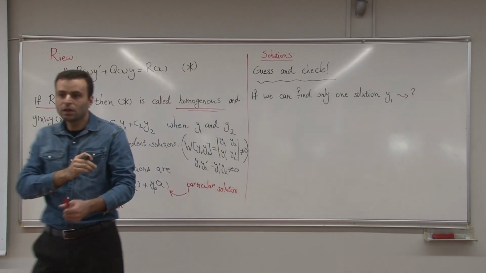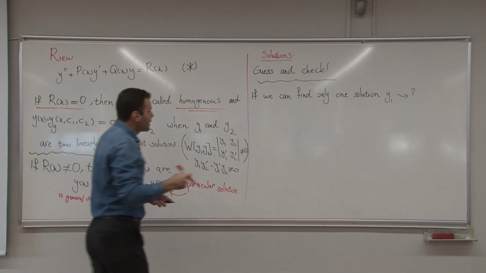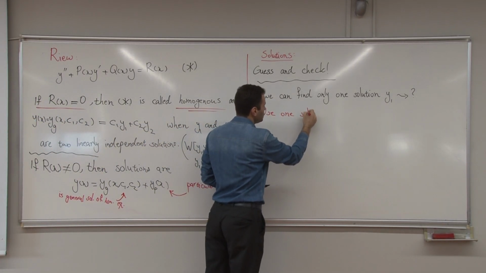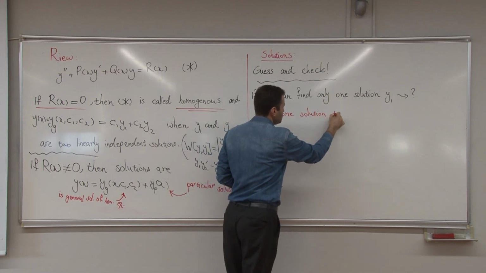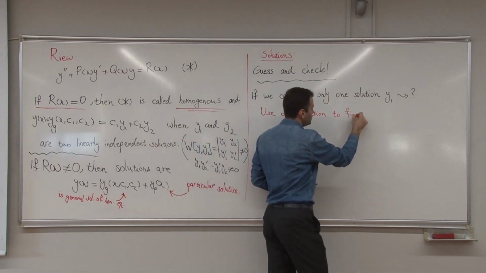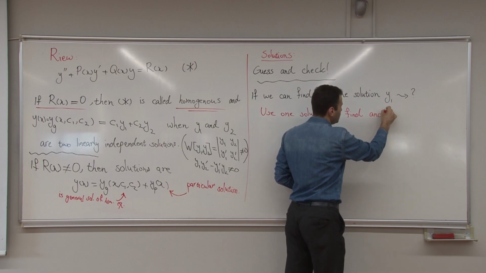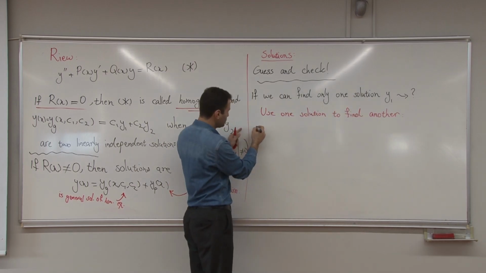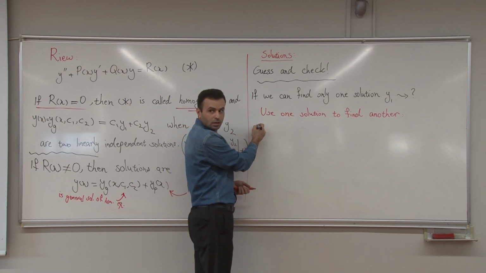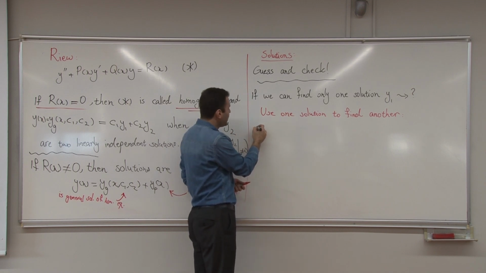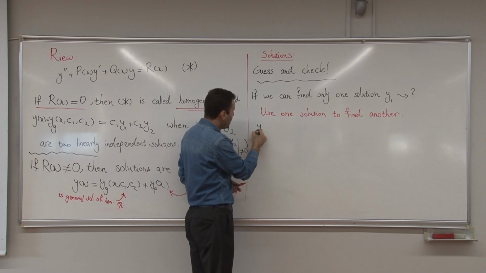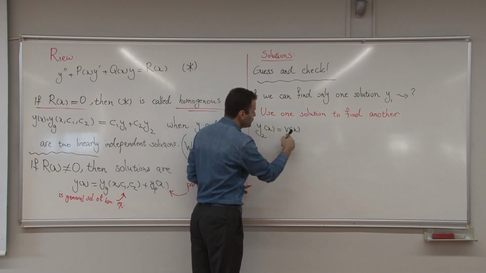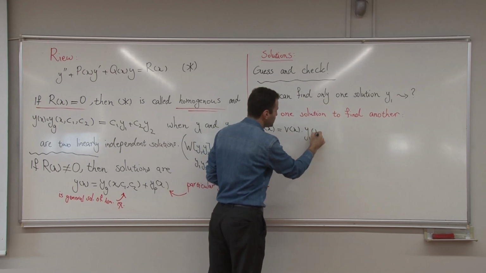We use one solution to find another, which is y2(x) equal to v(x) times y1(x). Correct me if I'm wrong. I want y2 of x to be a function times y1 of x.